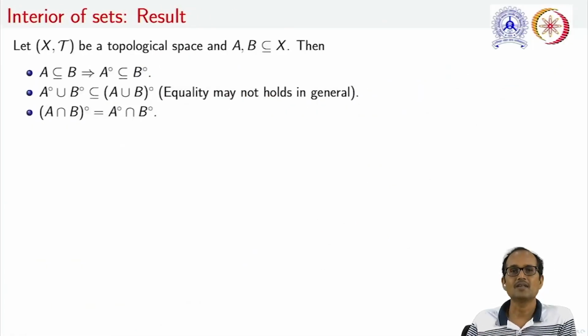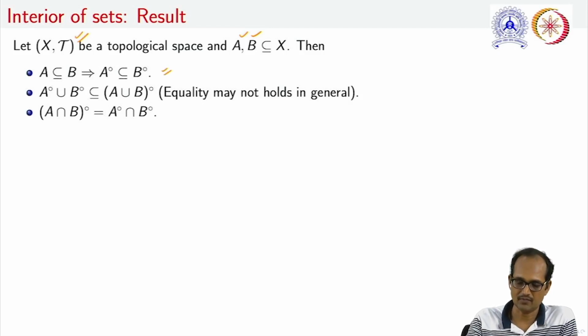Moving ahead, let us see some results on the interior of sets. Beginning with, if we have a topological space (X, tau) and two subsets A and B of X, the first result is that if A is a subset of B, then A interior is a subset of B interior. To justify this result, it's simple.